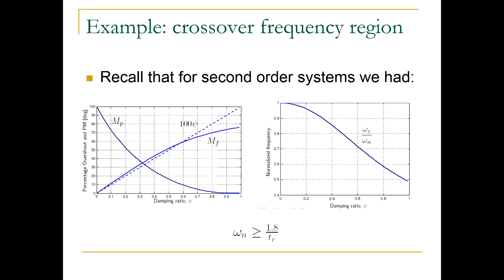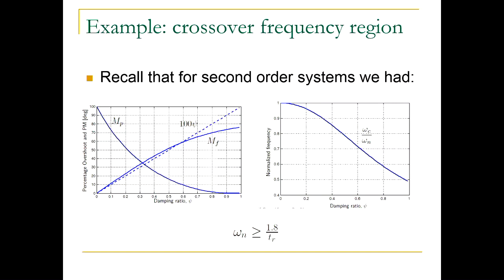Now, once you have fixed, let's say, overshoot or damping ratio to satisfy certain phase margin and transients, by playing with this overshoot, you can see you're affecting both overshoot and phase margin.